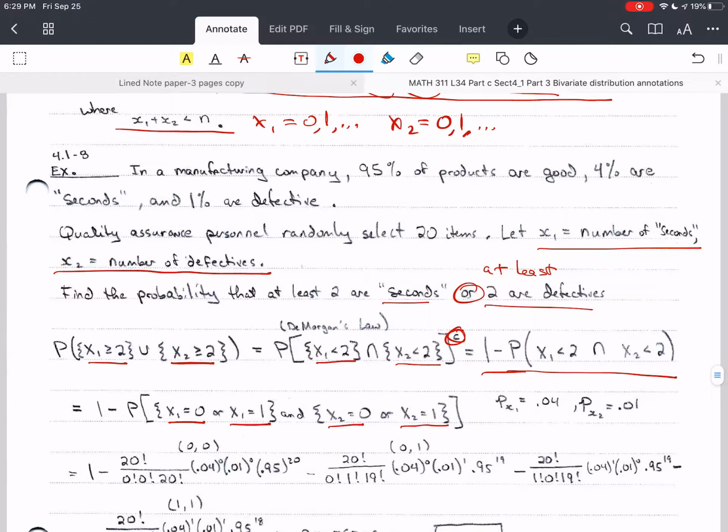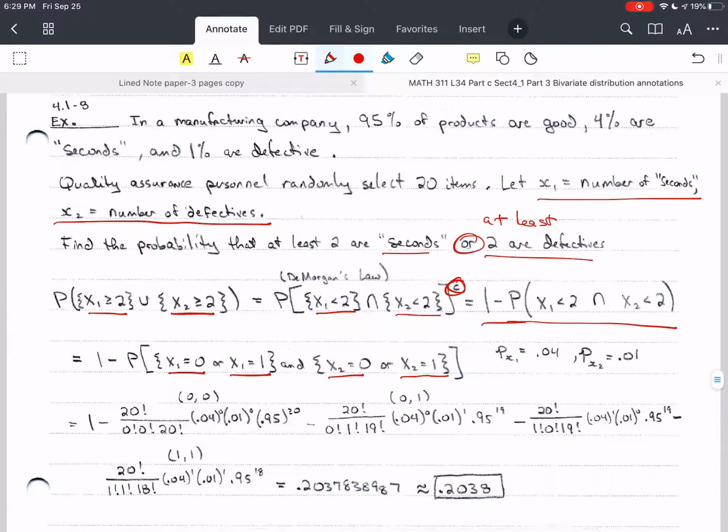Yes, I can have 1, 1, because it says x1 less than 2 and x2 less than 2. It doesn't say that the sum, the total, is less than 2.